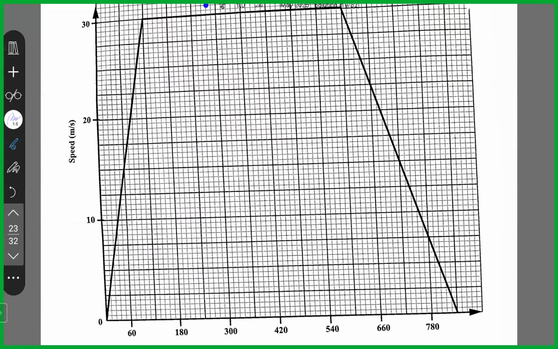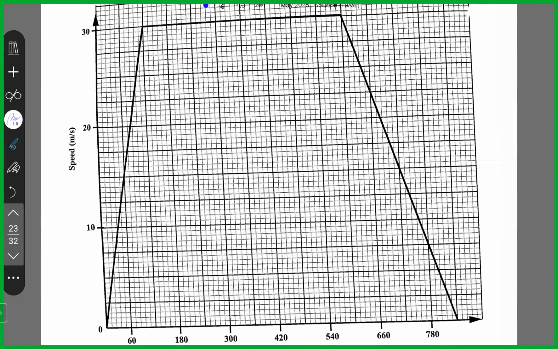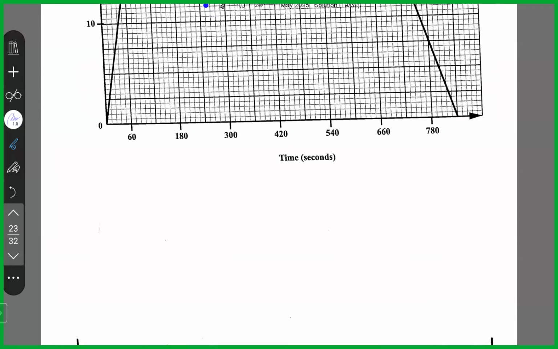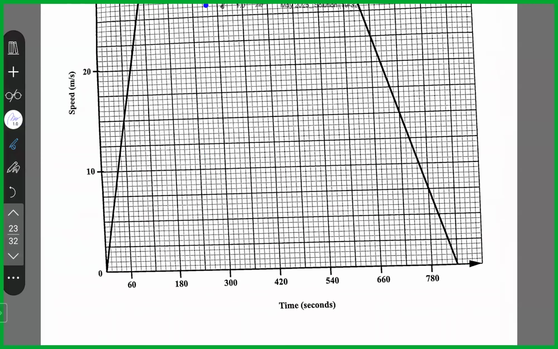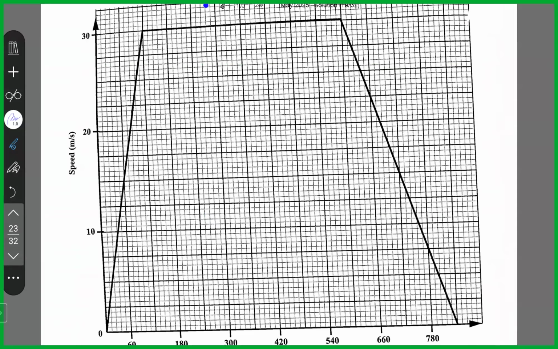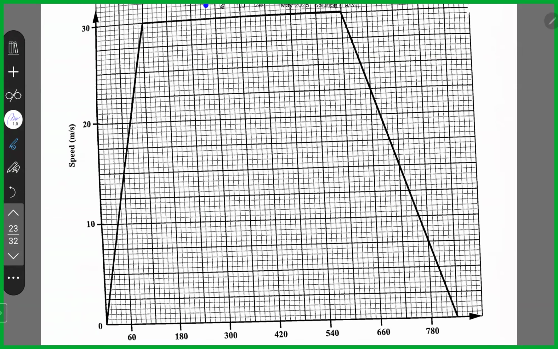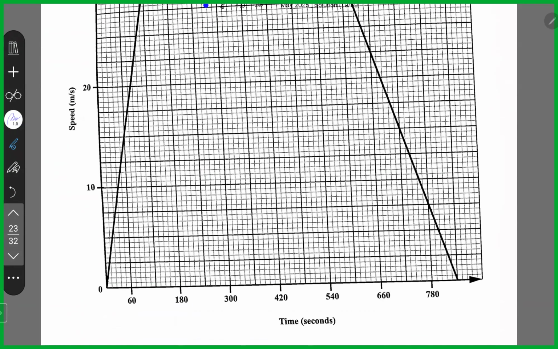Determine the initial acceleration. Well, for a speed time graph, acceleration is gradient. So the initial acceleration would be the gradient of this line. This is 120, 30, and this is the origin, which is 0, 0.